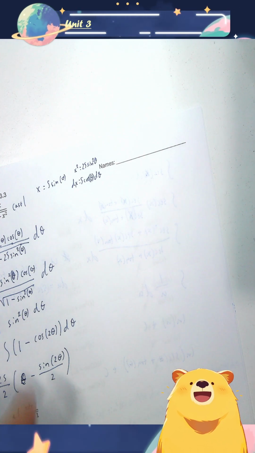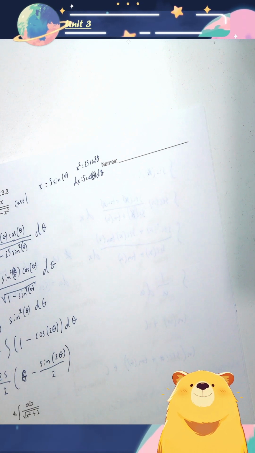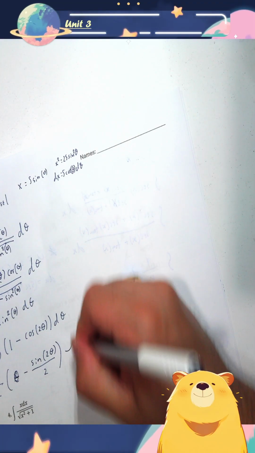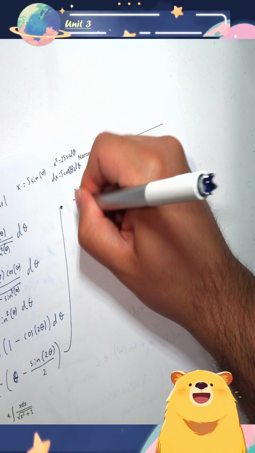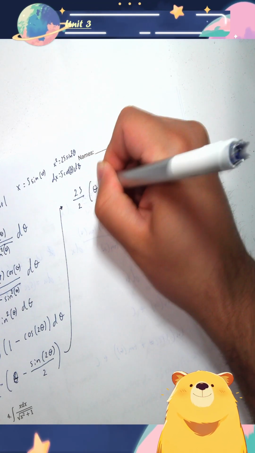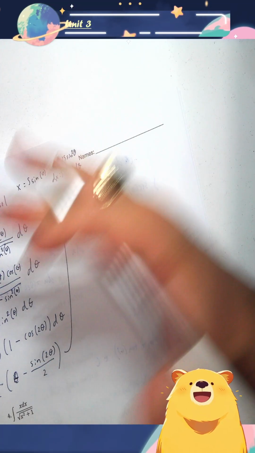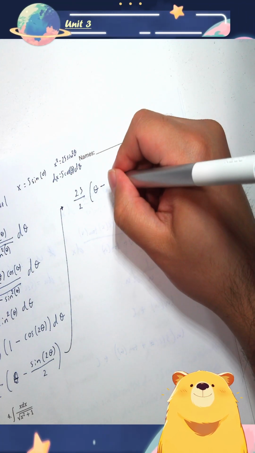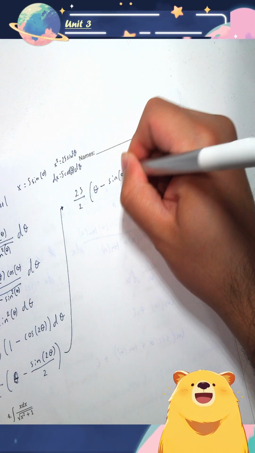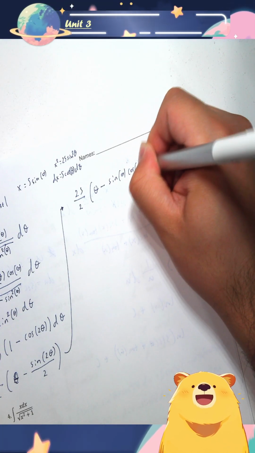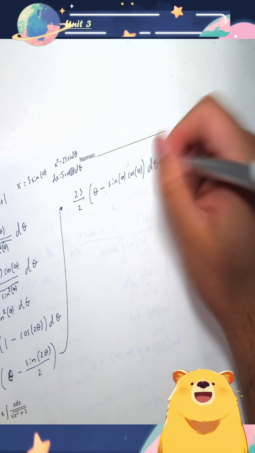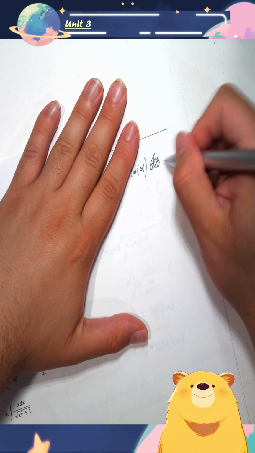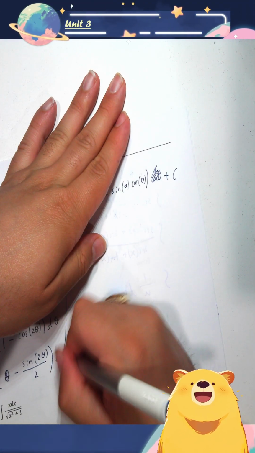And then we'll use the double angle identity to plug in an expression that has just trig functions of theta. So it'll be sine of theta cosine of theta, plus c.